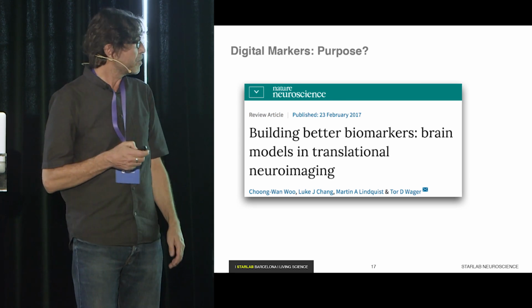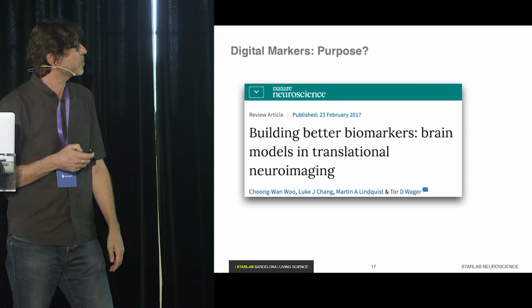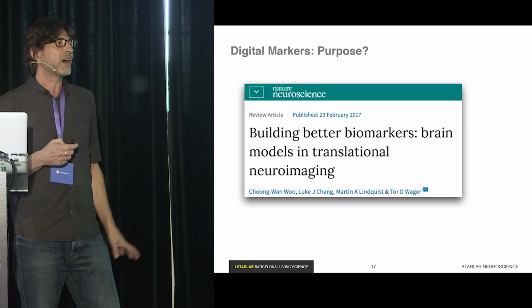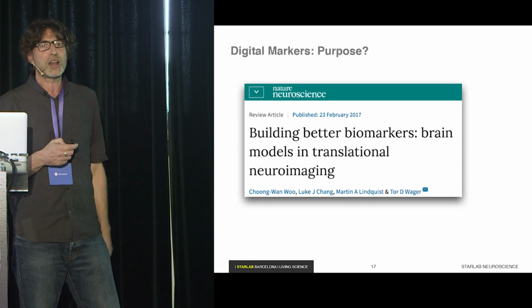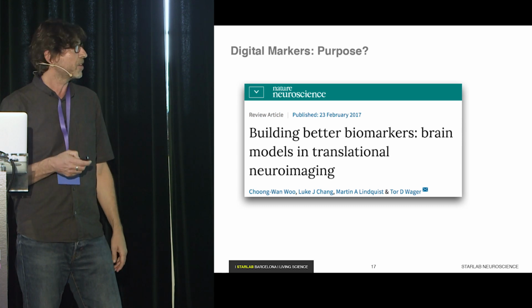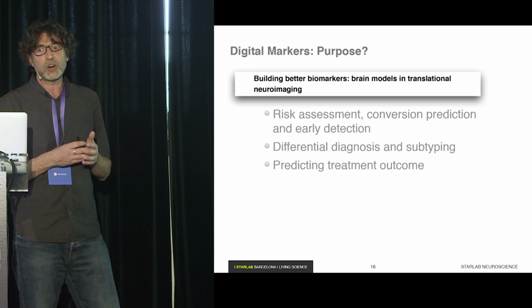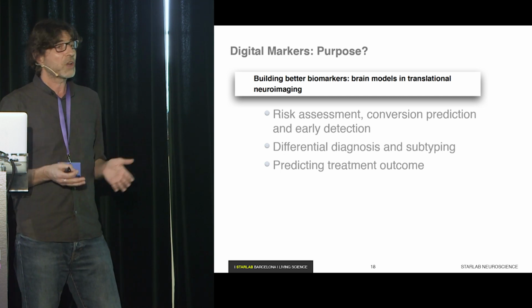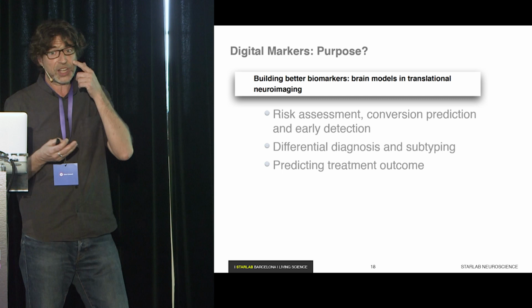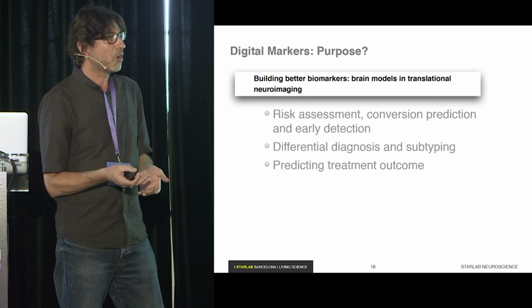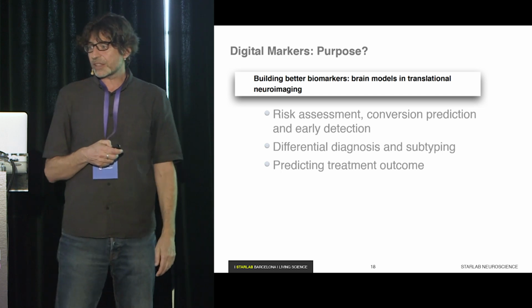So for what can we use digital markers? This is an interesting paper in Nature Neuroscience of 2017, and offers a very clear scheme of how you can use these digital markers in the healthcare domain. Basically, you can do early detection of diseases. You can do diagnosis, differential diagnosis as well, and you can predict the treatment outcome in CNS drug development.